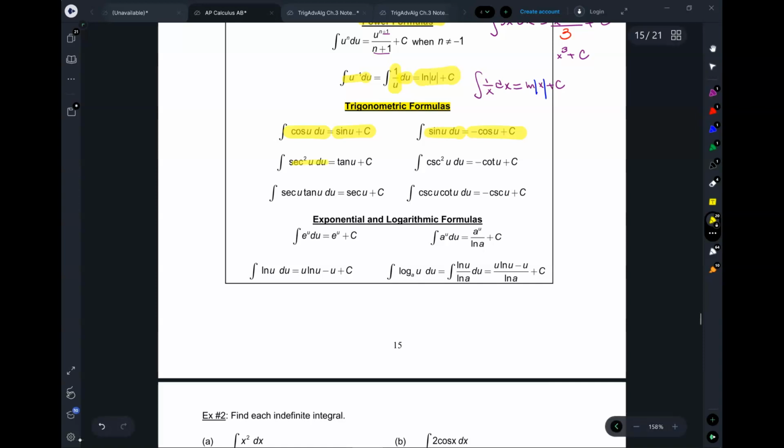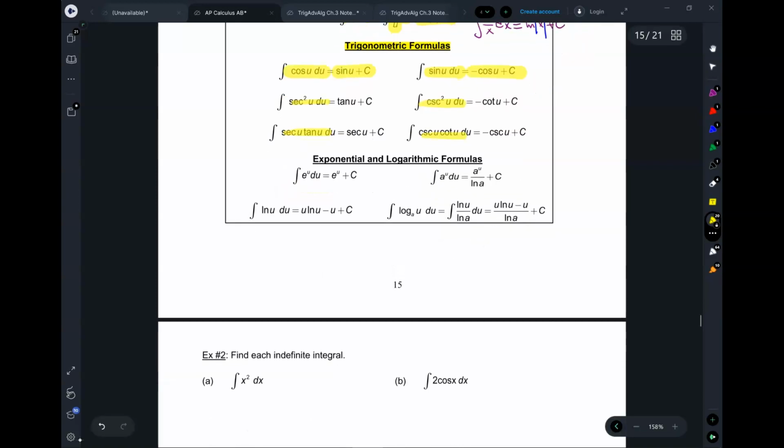And then, all of these, the secant, and all of these, unfortunately, you just have to memorize these. But we did it for the derivatives. We're going to do it for the integrals as well. Exponential. What is the derivative of e to the x? E to the x. So the integral of e to the x is also e to the x plus c.